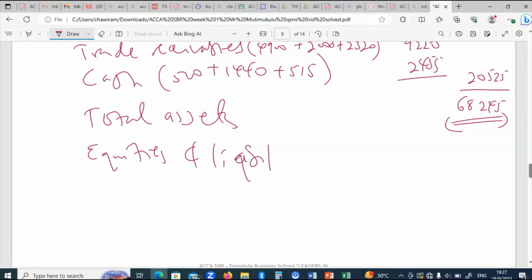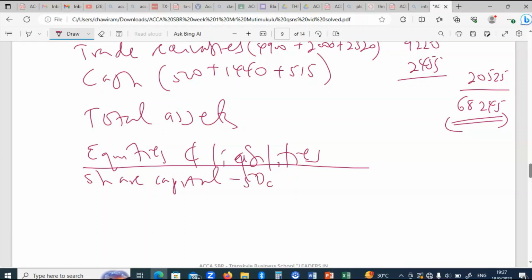Sorry, liabilities section. We start with the share capital. The share capital, we are only going to take the ordinary shares. We are only going to check the figure for the parent.